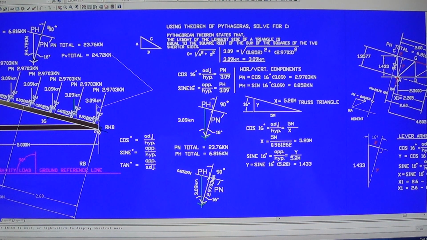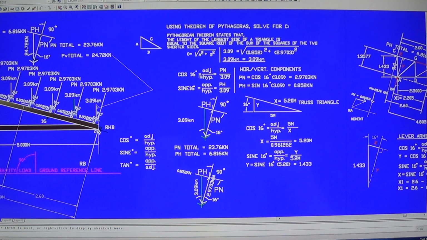First we have to solve the Pn. The Pn is the 90 degree load with respect to the rafter. So the Pn is cosine 16 degrees, the adjacent divided by the hypotenuse. The hypotenuse is known, the only unknown is the adjacent side, so we can solve the Pn using the cosine function.